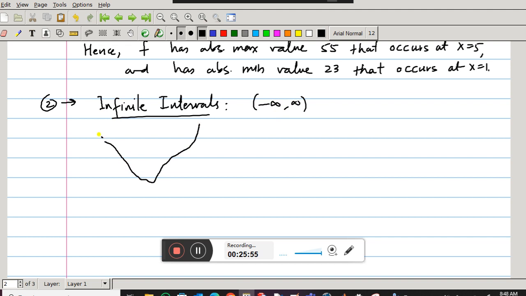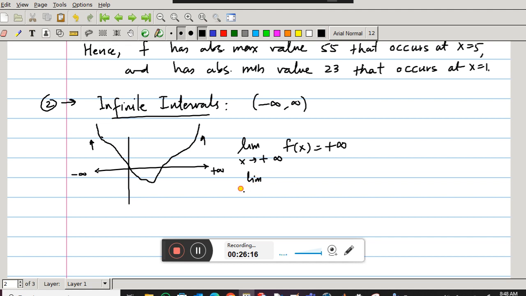But in both cases, if my limits are going to infinity, at plus infinity and at minus infinity, both limits are going to infinity, you see? So the limit as x goes to plus infinity goes to plus infinity, and if I take the limit as x goes to minus infinity, it also goes to plus infinity.